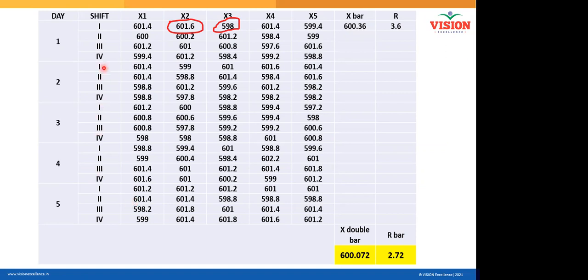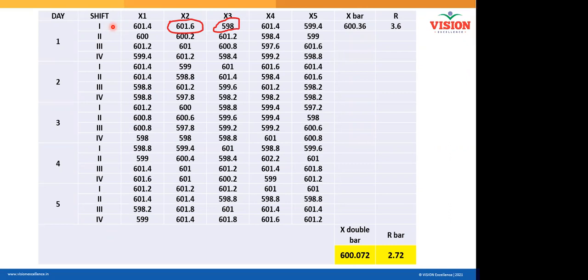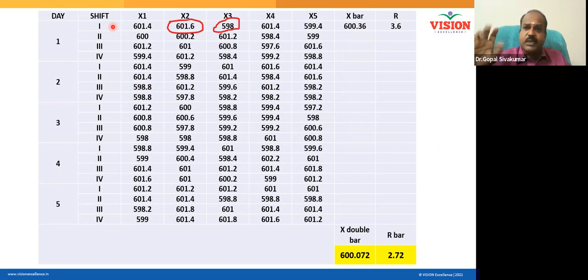Now look at the data. Shift number 1, how many products did you produce? Several thousand products, but you have taken only 5 samples. With the help of the 5 samples, you are trying to judge the 1,000+ products you produced. If all 1,000+ products are good, the variation will be less.